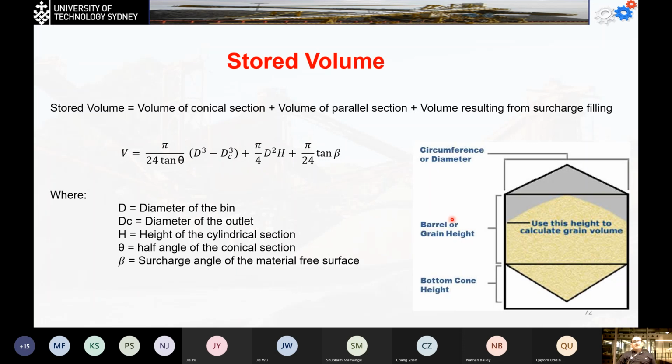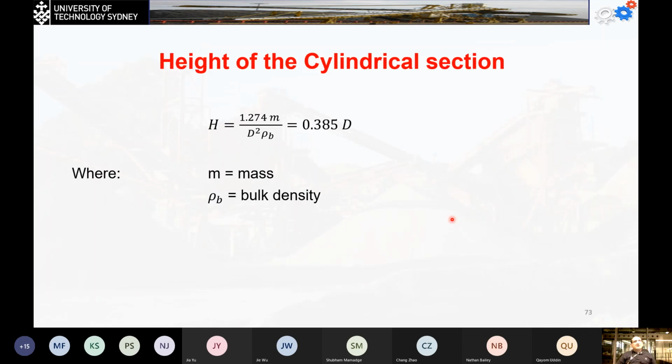Now, the height of the cylindrical section can be found by using this equation. The height of the cylindrical section is going to be equal to 1.274 meter divided by d square multiplied by the density, which results in, well, we can call it an approximate value equal to 0.385.